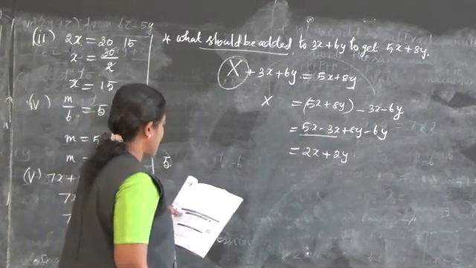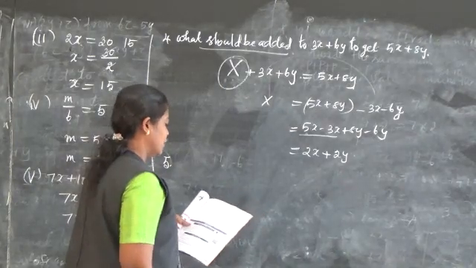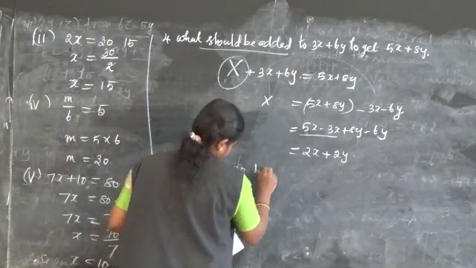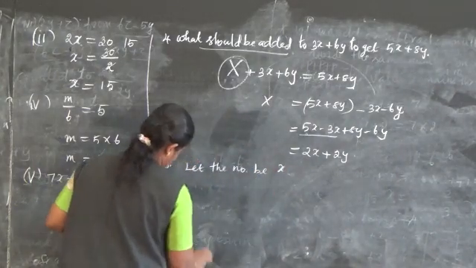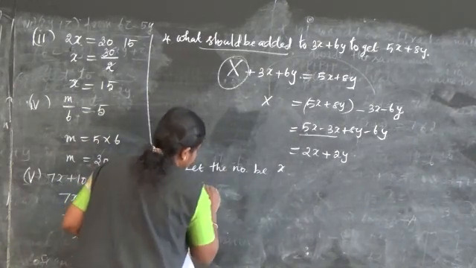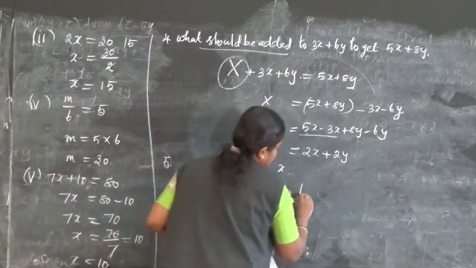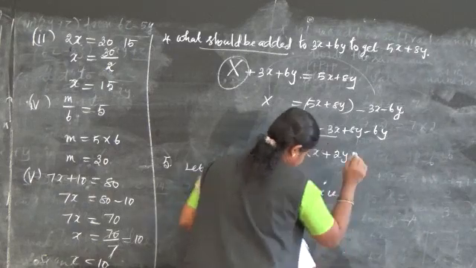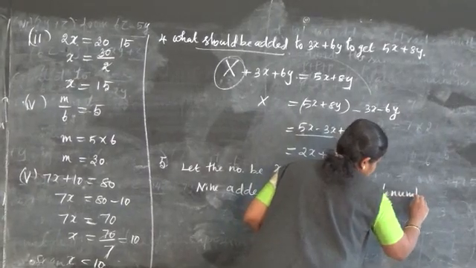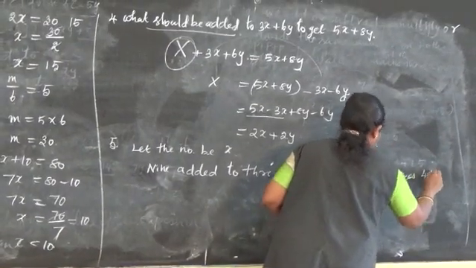Fifth one, 9 added to thrice a whole number gives 45. Find the number. You don't know the number, so let the number be x. Listen carefully. 9 added to thrice a whole number gives 45.